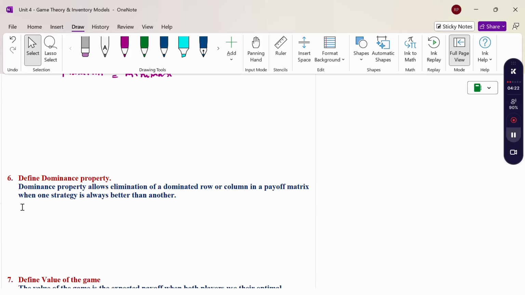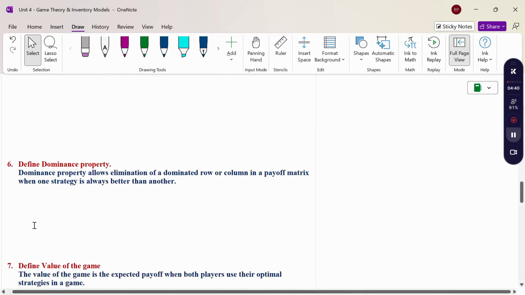If the matrix is not 2 by 2, then we apply the dominance property to reduce the number of rows and columns down to 2 by 2. This is the main focus.